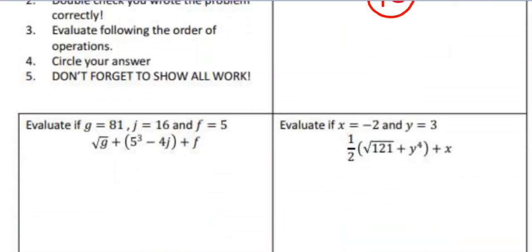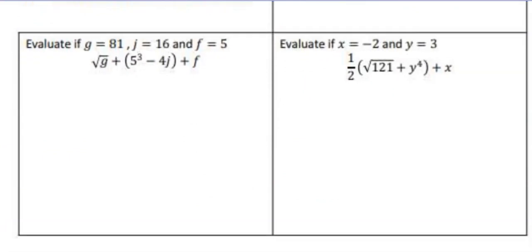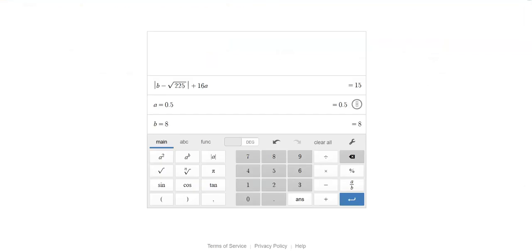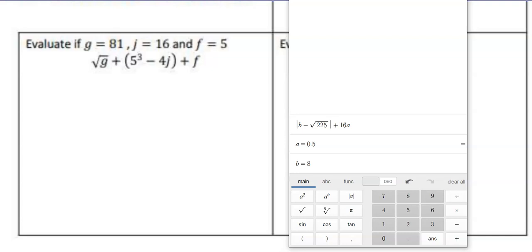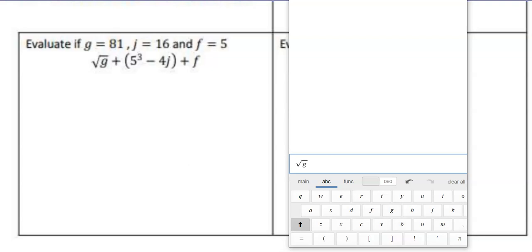Next problem, we're evaluating if G equals 81, J equals 16, and F equals 5. So I can do the same thing again with my Desmos calculator. I'll pull it over here, and I'm going to clear it, and I'm just going to write this expression, square root of G. And then for this one, you've got to click out of it so that it doesn't put the rest of the expression inside the square root sign.